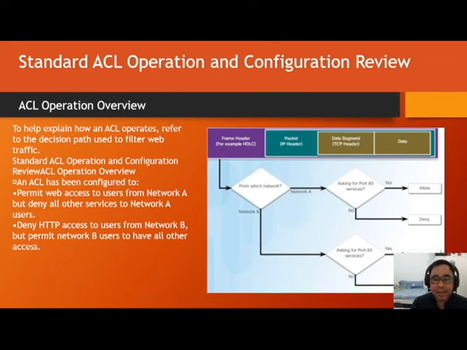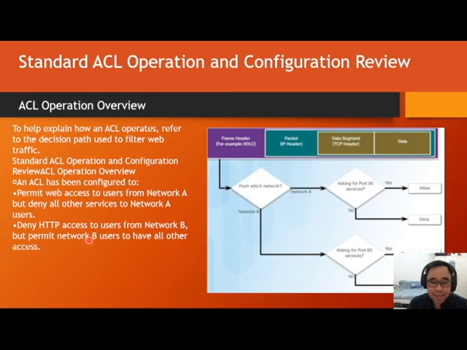To help maintain how an ACL operates, I refer to the decision path used to filter the web traffic. Okay, so you can see from here. Okay, standard ACL operation and configuration. The ACL has been configured to permit web access to users from network A, but deny all other networks access to network A users.